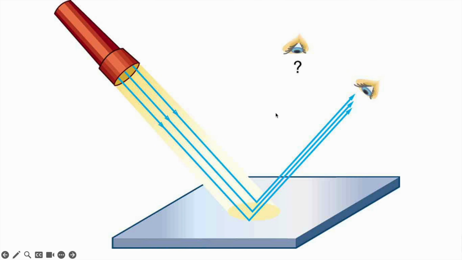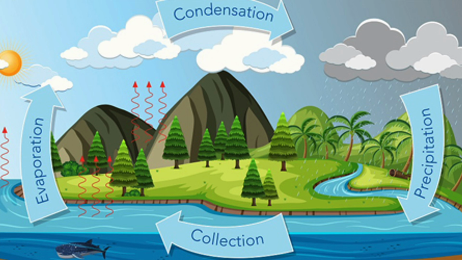The other example we can look at is the water cycle, which we're going to go into in more detail soon. The water evaporates, and once it gets all the way to the top in the sky, it starts to cool down.